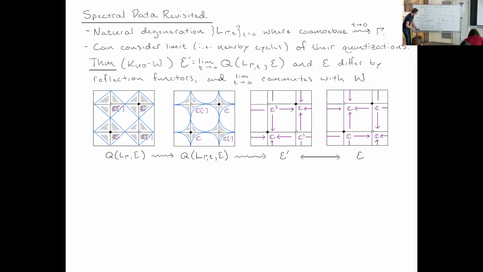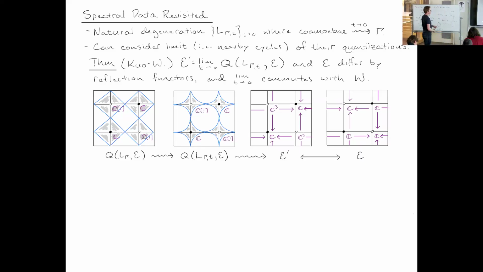This is a good notion of the limit, or the nearby cycles, of a family of sheaves parameterized by the positive numbers. And you can compute this here. The claim is that the resulting limit, which I'll write as E prime, is related to our edge weights by taking reflection functors.